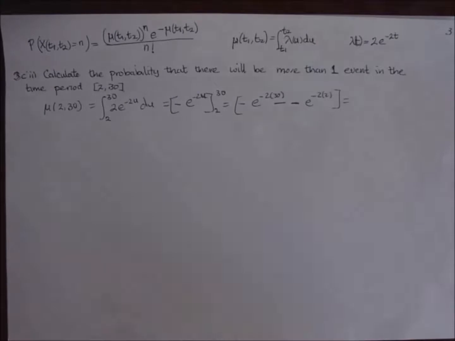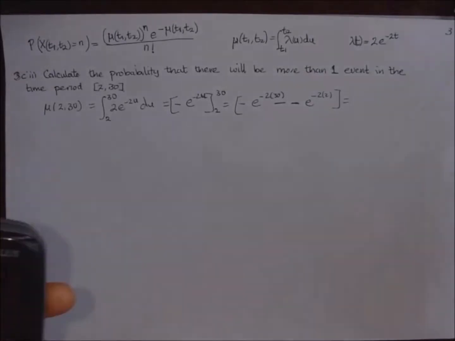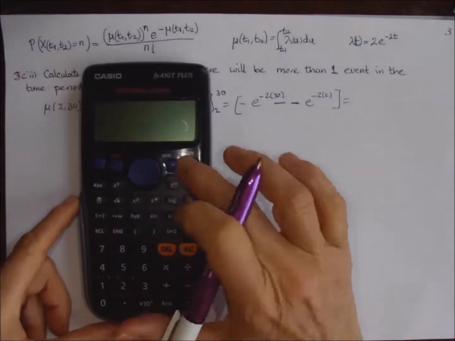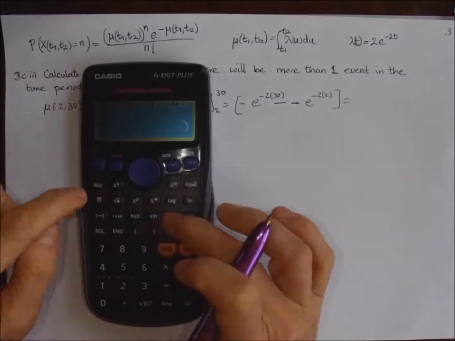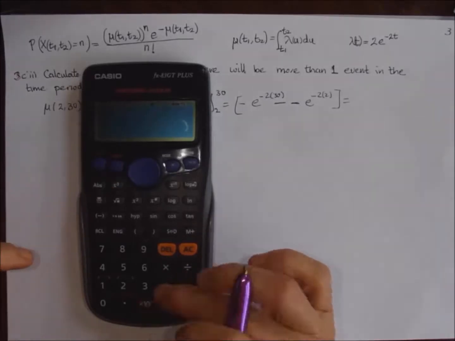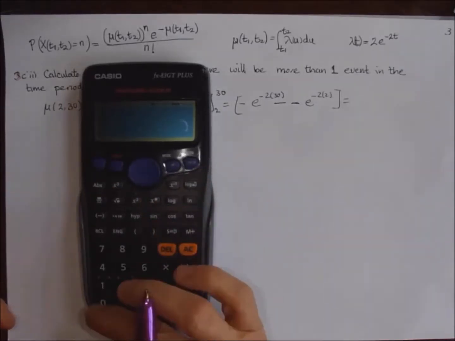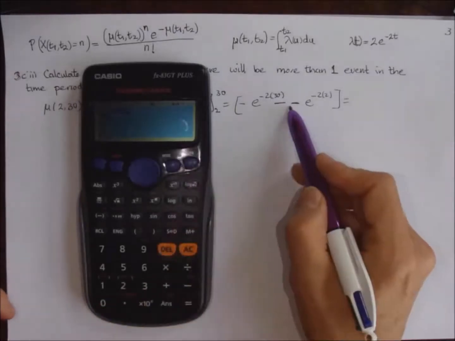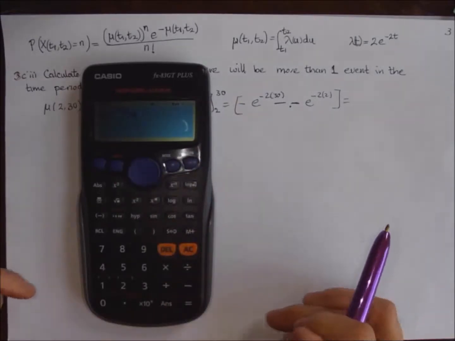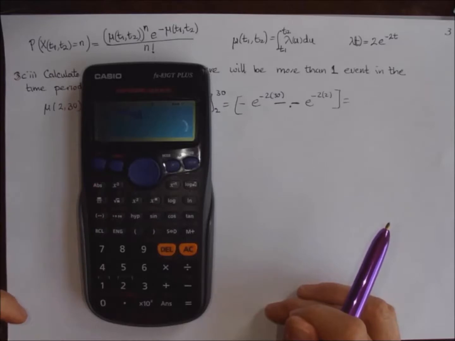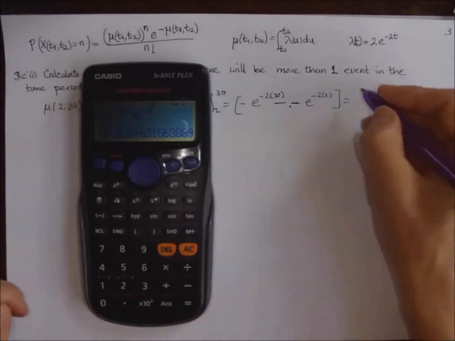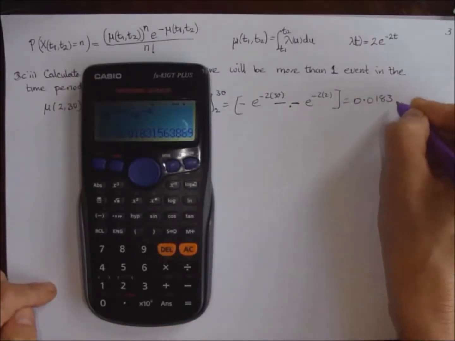See what that gives us. Minus e to the power of minus 60, okay, plus 2 minus, make a plus, e to the power of minus 4 equals 0.0183.